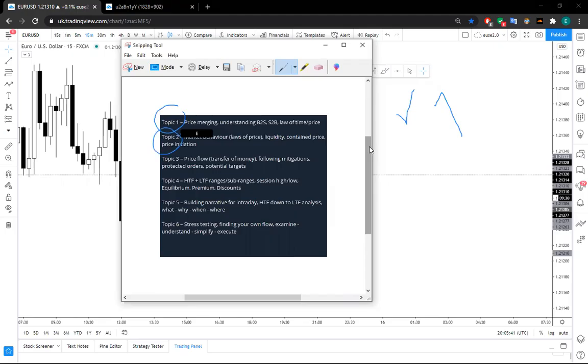So topic 2 is the market behavior. So identifying that the market creates a range, the buying and selling occurs in between this. Once that occurs, price starts to initiate out of it.